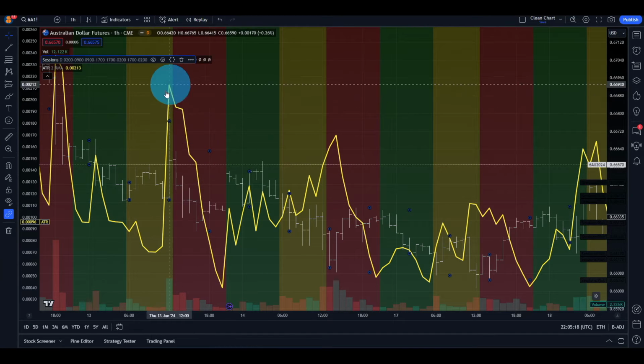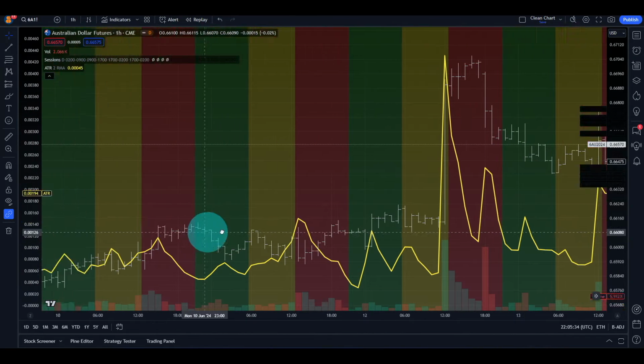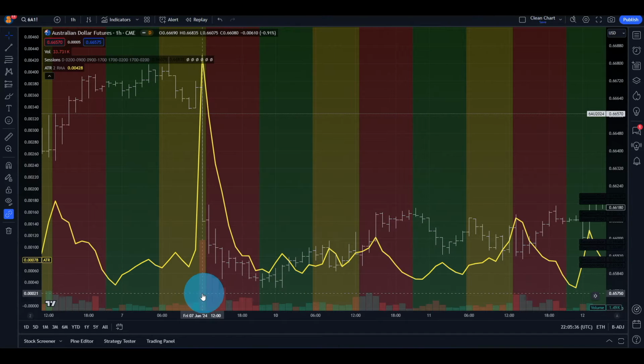You can see, even though the ATR here is very high compared to this one, the pattern is still the same. So high volatility and go back to low. High volatility, go back to low. And this pattern, of course, does not repeat every single time, but usually it's there.